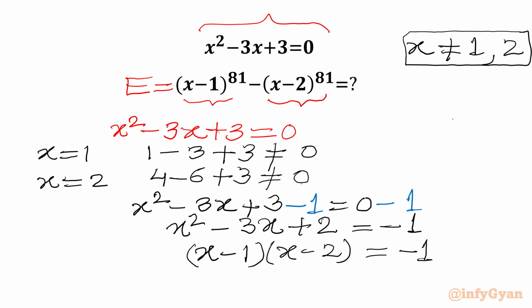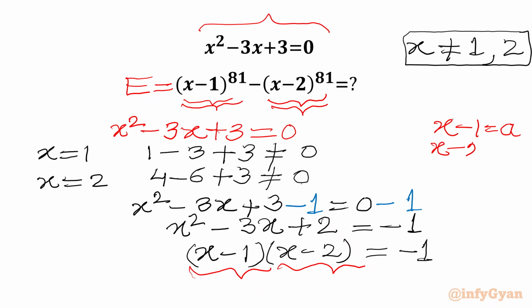Now we have (x minus 1) times (x minus 2) equal to negative 1, and the required expression is available over here also. So let us assume x minus 1 equal to a and x minus 2, suppose this is b.